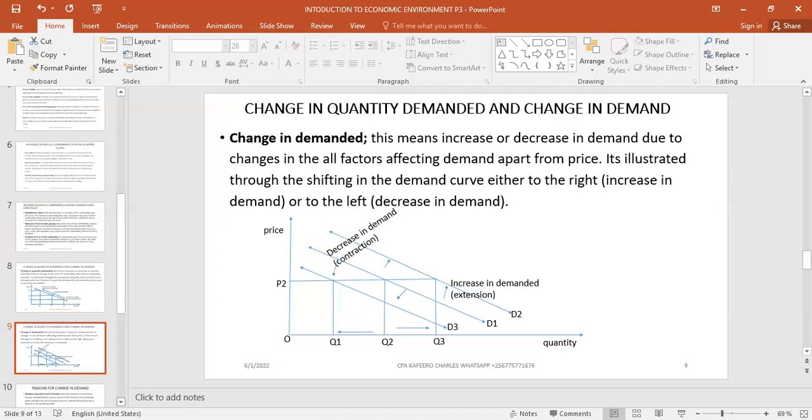So when there is just a change, let's say the factor affecting demand is taste and preference, what will cause a change will be a change in the taste and preference.